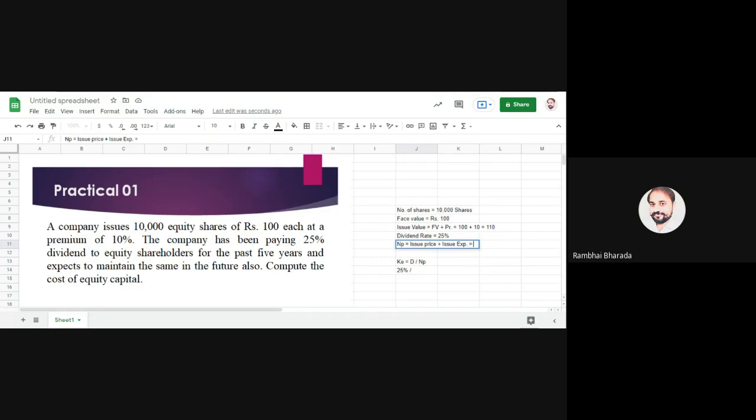In this case, issue price is 110. And is there any information about the issue expenses? No, so we assume it is 0. So it is 110.